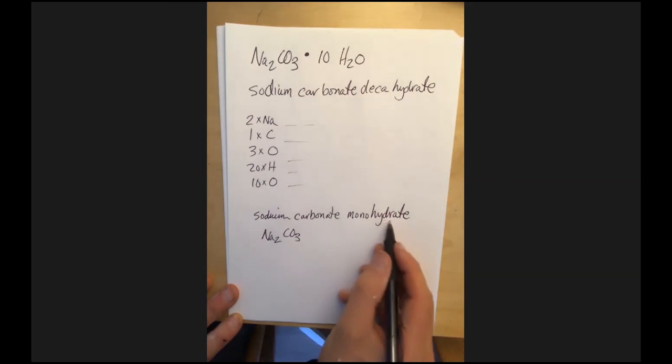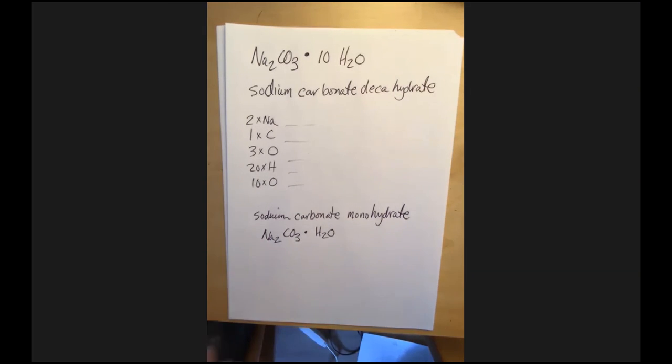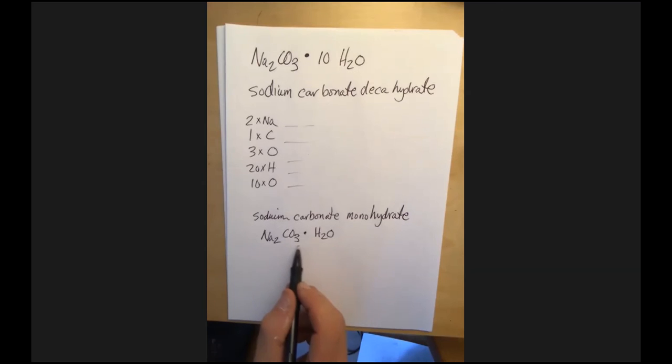Mono means 1 hydrate, dot H2O. I don't know if I've ever seen one that has a 1 in here. I think if there's nothing there, it means 1. And so I don't think we have to write the 1, but we call this sodium carbonate monohydrate.